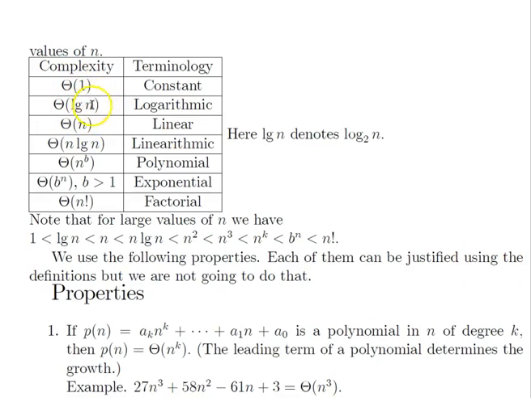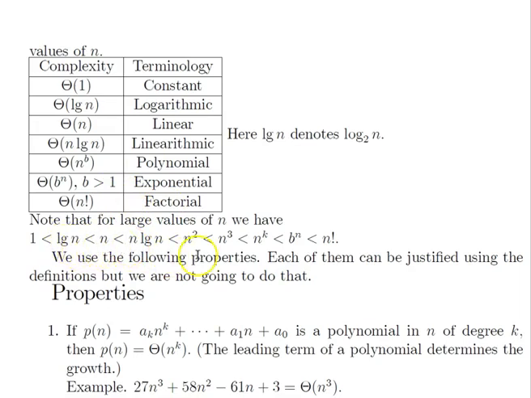Constant, logarithmic, linear, n times logarithm of n, polynomial, n to the b, where b is a given positive constant, exponential, b to the n, where b is greater than 1, and factorial.